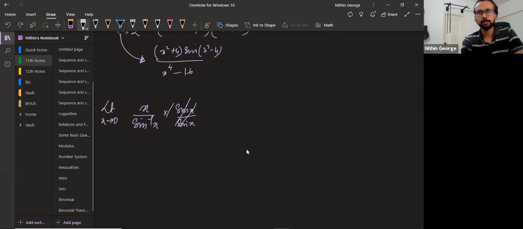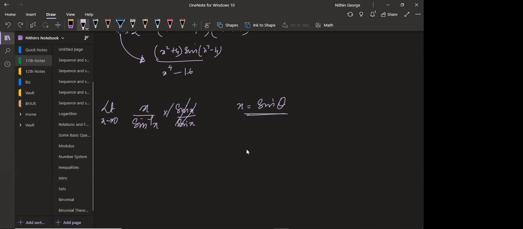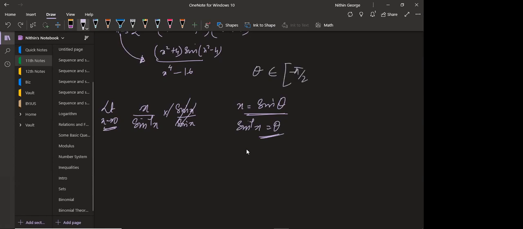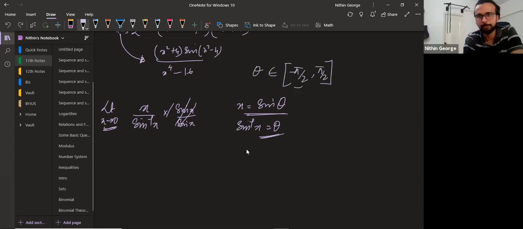So what I would do is, since I already know this, I'll say that x is equal to sine theta. So here I can directly say that sine inverse x will be nothing but the value theta, because as x tends to 0, this value theta will also tend to 0. I'm putting theta between minus pi by 2 and pi by 2, the principal value range.